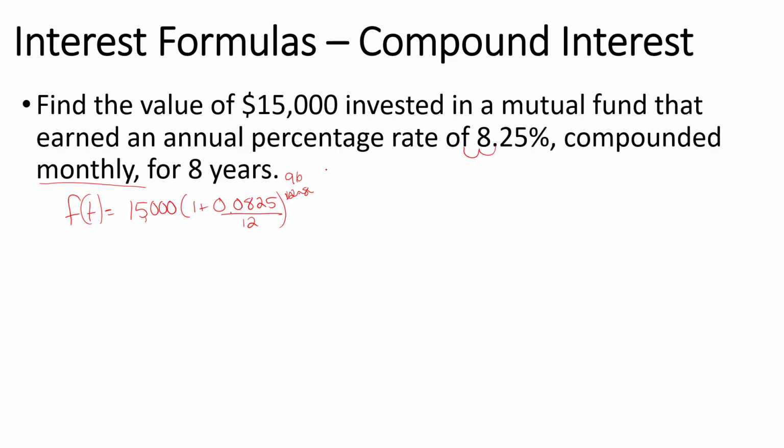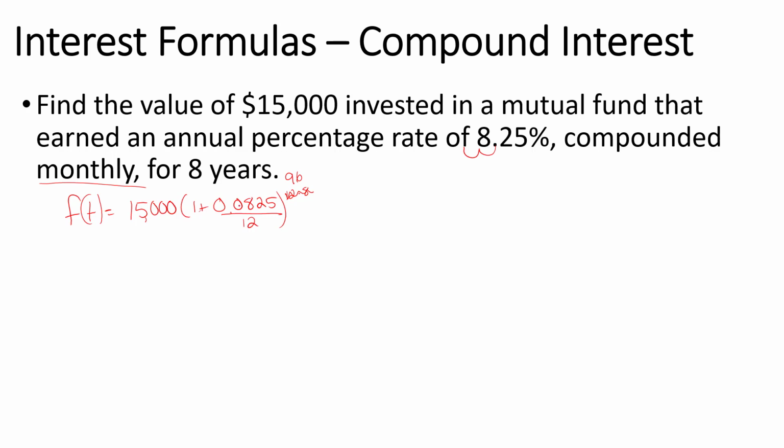So again, we're going to plug this information straight into the calculator. 15,000 times 1 plus 0.0825 divided by 12 raised to the 96th power. Now 96 seems really large and it feels like we're making a very big number, but notice we have a small decimal here getting divided by 12, making the number even smaller.